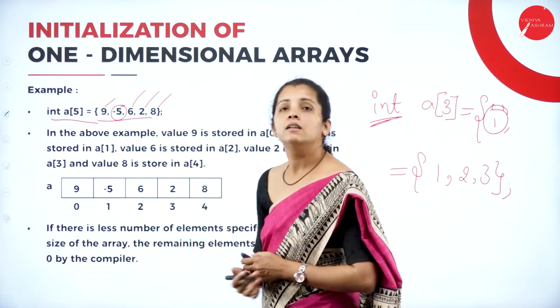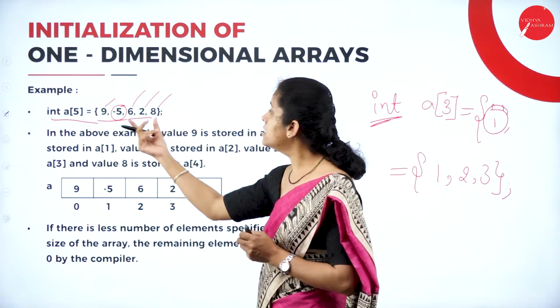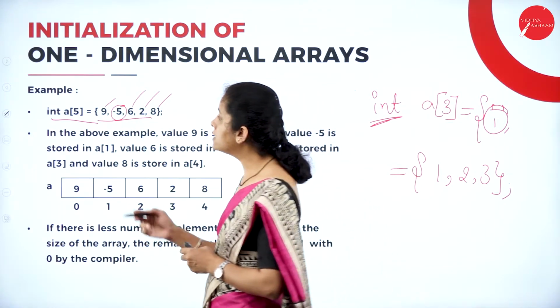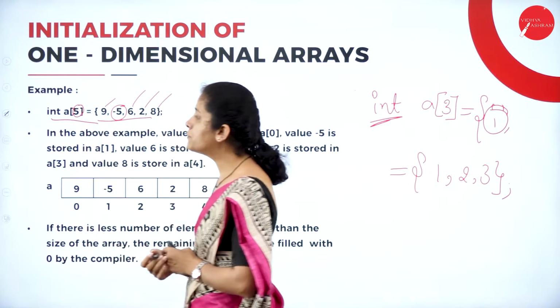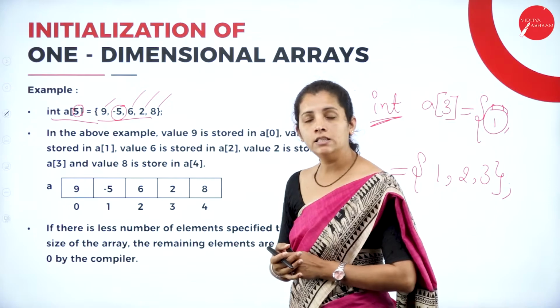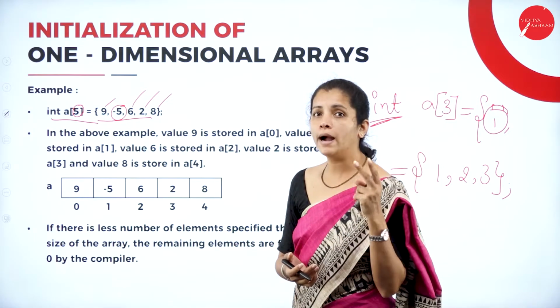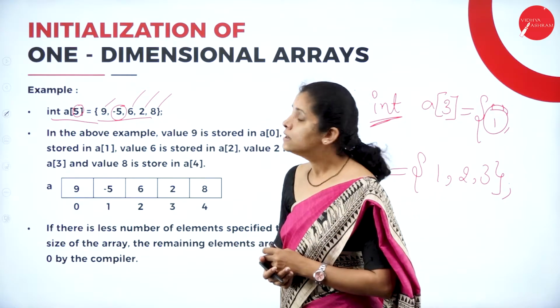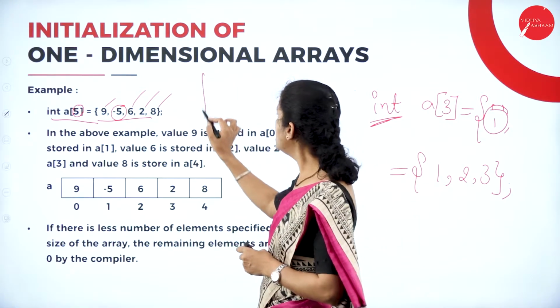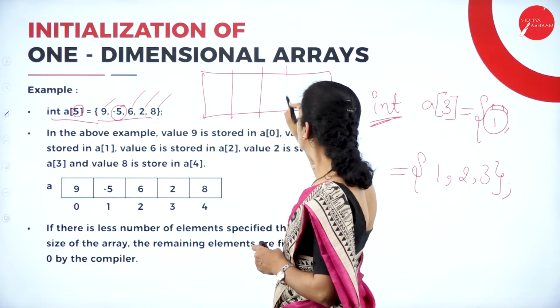Now, let me write the memory allocation for this array. So, what is the size of the array? It is 5. And what is the data type? Integer. And what is the size of the data type? It is 2 bytes. So, 2 into 5, total 10. Total 10 bytes are reserved for this array.